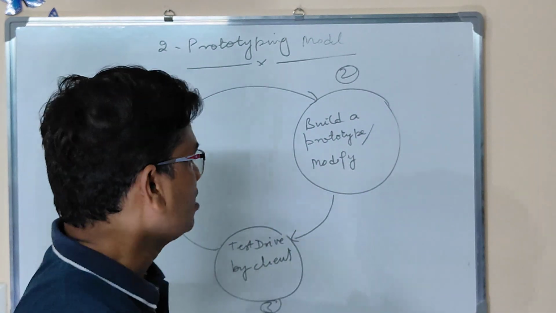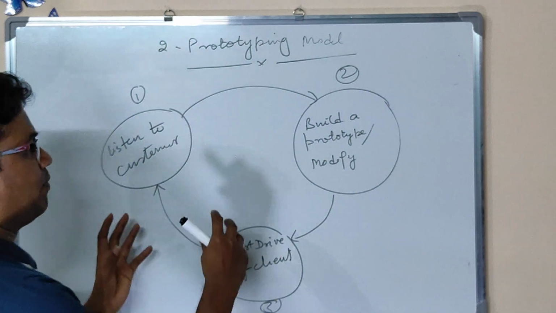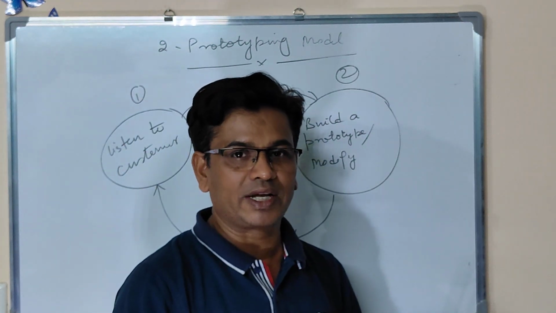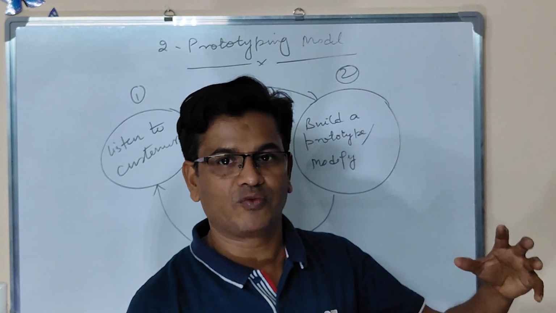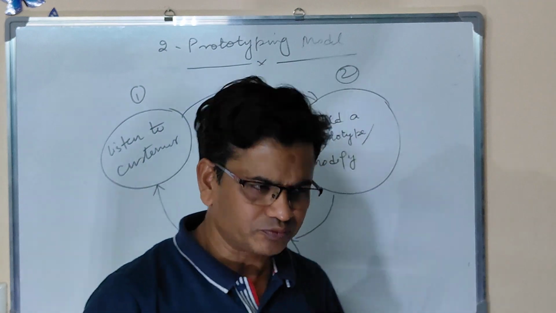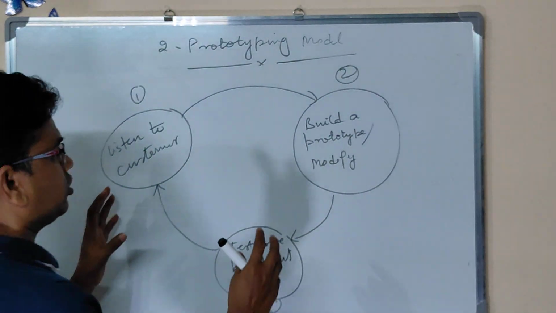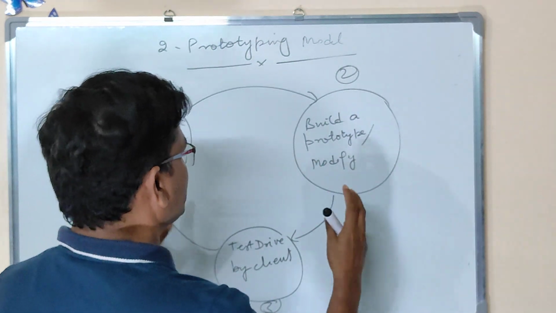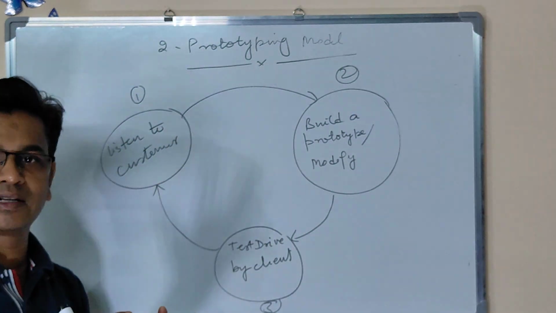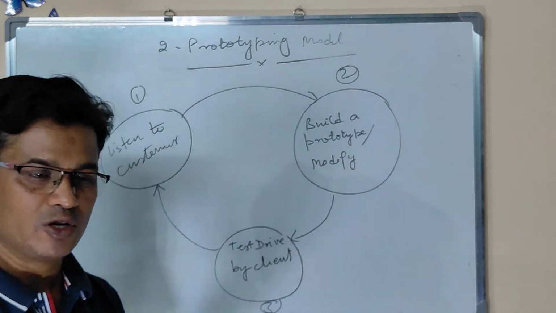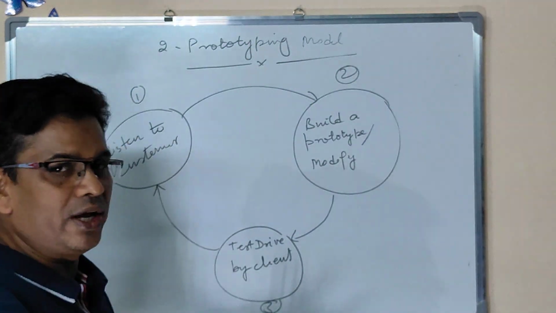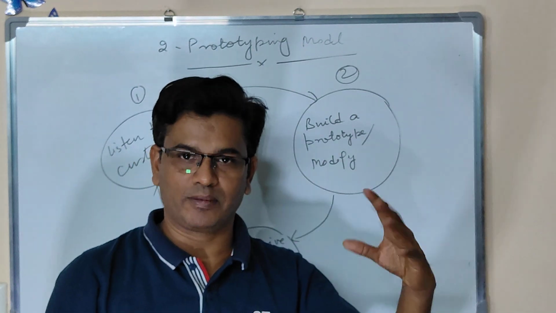So after a number of cycles, when the prototype is completed, we have a final set of requirements. The objective of using the prototype model is just to finalize a prototype and collect a set of requirements.